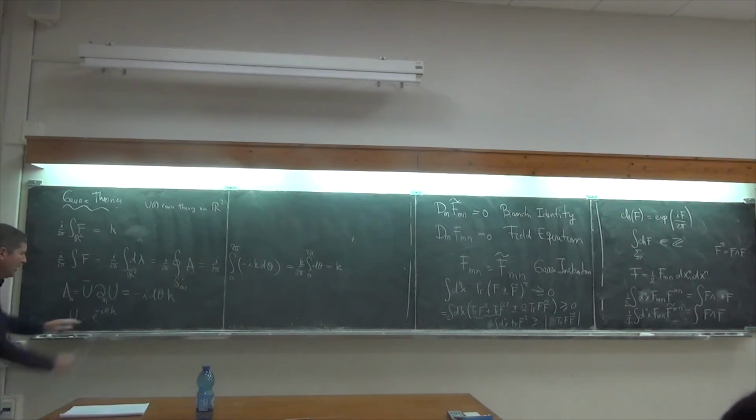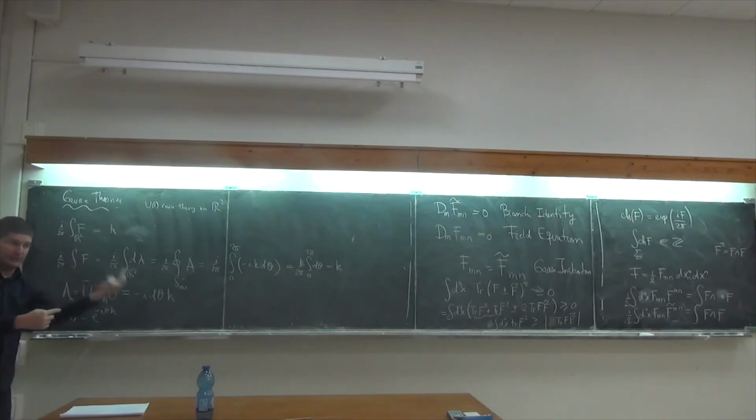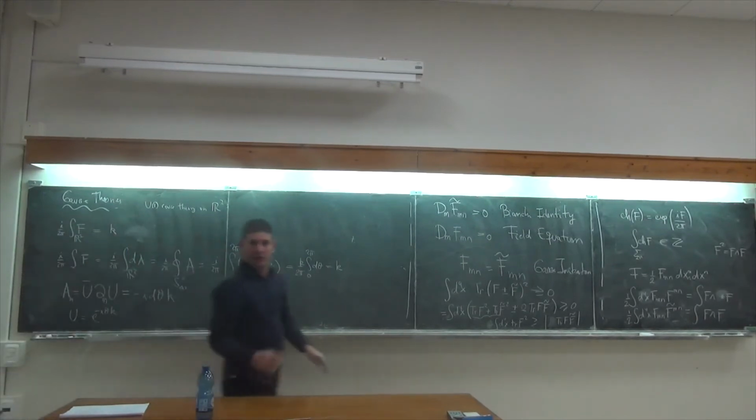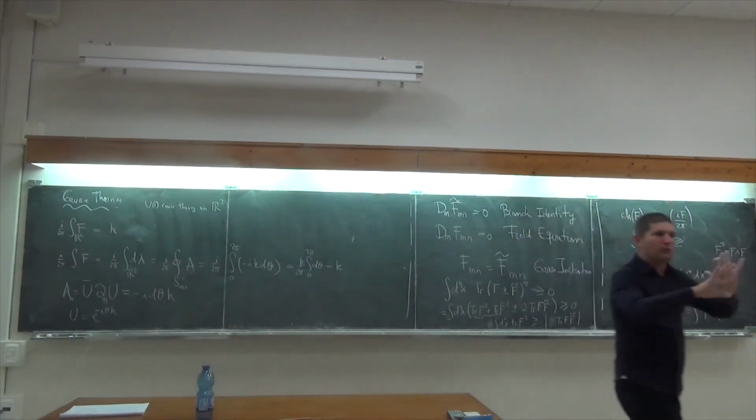Second, it measures how many times the gauge transformation at infinity, this circle in the gauge group, wraps the sphere at infinity. For SU(2), it will be exactly this.